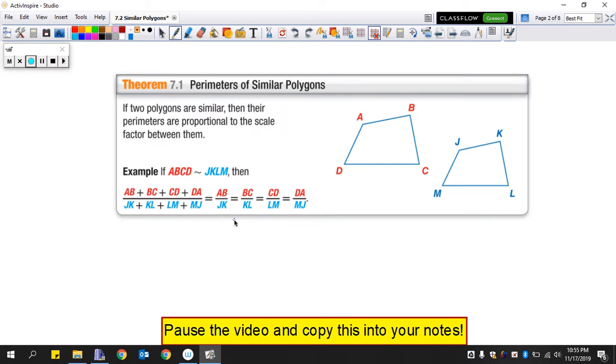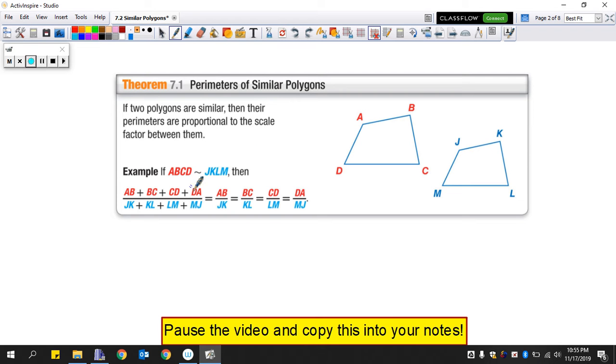Next, Theorem 7.1, the similarity of the perimeters of similar polygons, says that if two polygons are similar, then their perimeters are proportional to the scale factor between them.